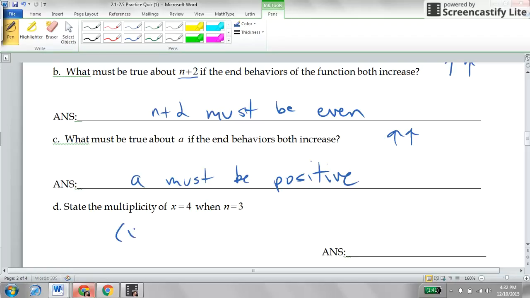Well, if you look up top, it says x minus 4, and that's where x equals 4 happens here. The multiplicity is this exponent. So if I substitute 3 in for n, 3 plus 2 is 5. Again, that problem looks a lot harder than it really is.